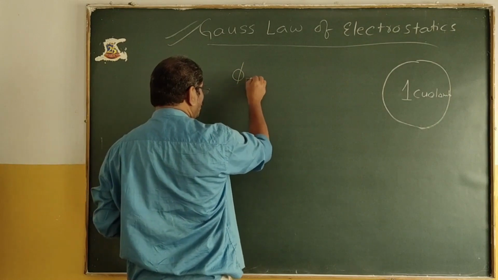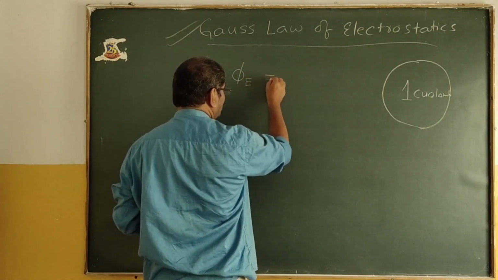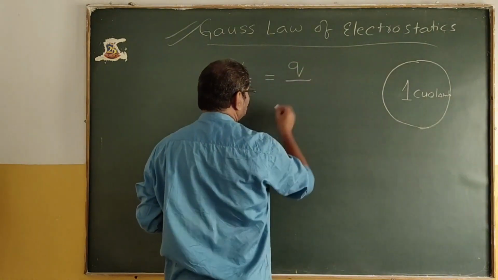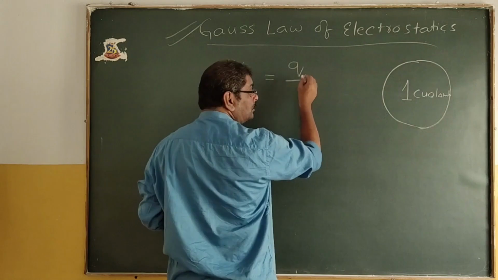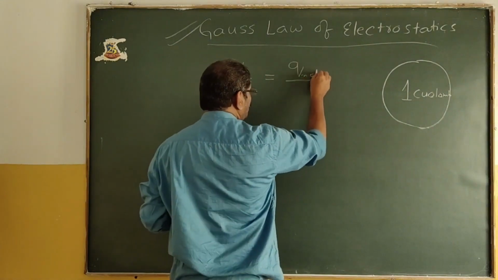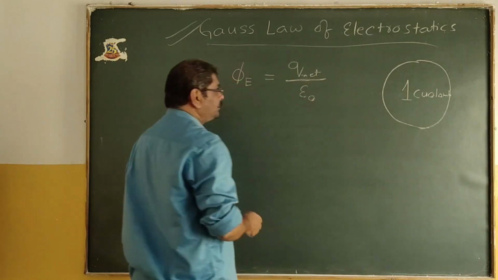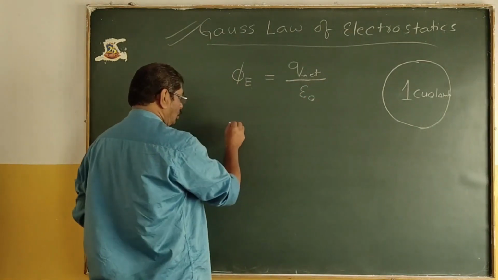You already know the electric flux phi E will be numerically equal to Q net divided by epsilon naught.